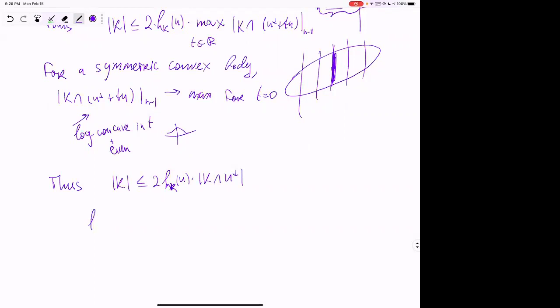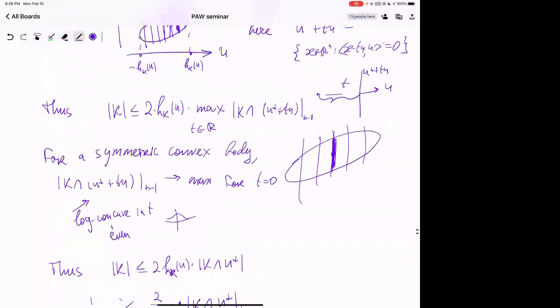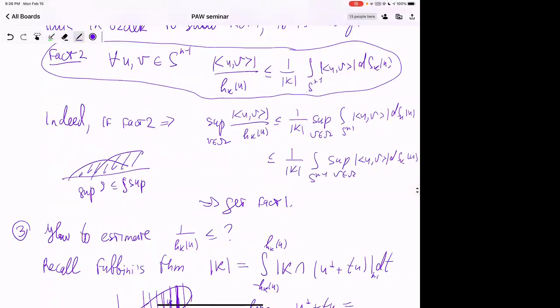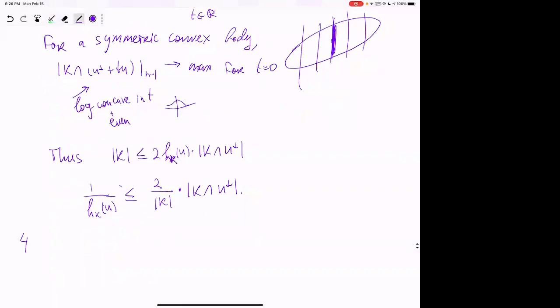And therefore, finally, this is how we estimate 1 over h_K of u. It's smaller than 2 over the volume times the central section. So this little bit answers the question of how we estimate 1 over h_K. Remember, our goal was to estimate the ratio of the scalar product and h_K. So far, we figured out how to estimate 1 over h_K.